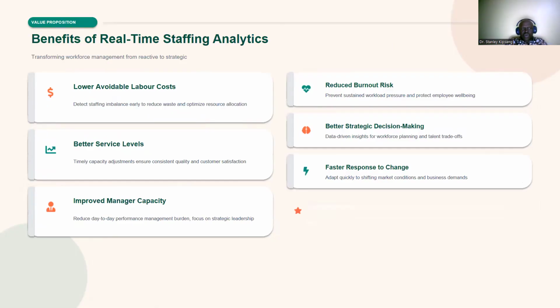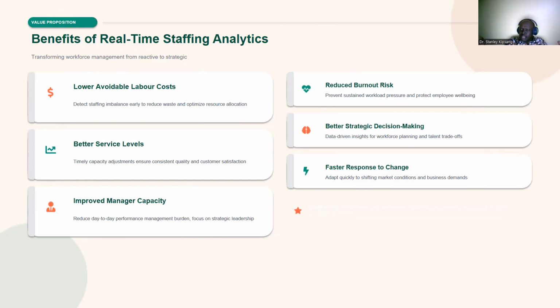So what are the benefits of having real-time staffing analytics? One, you lower avoidable labor costs. Detecting staffing imbalance early will reduce waste and optimize resource allocation. Number two, you will have better service levels, whereby timely capacity adjustments ensure consistent quality and customer satisfaction. The third aspect is an improvement in managers' capacity.